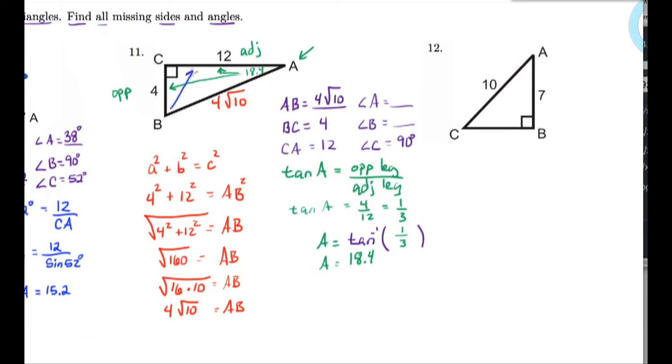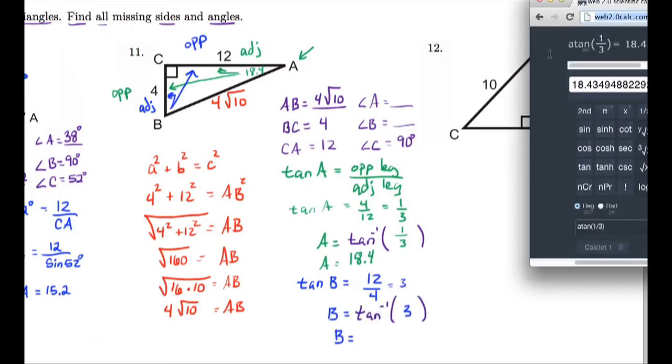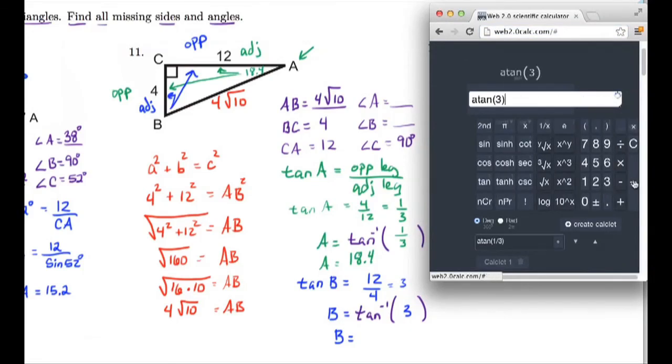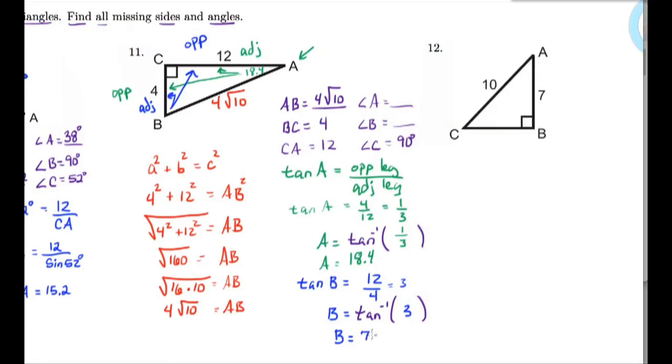Those are reciprocals for tangent using the different acute angles of the triangle. There it is. Notice that these angles are complementary. 18.4 degrees and 71.6 degrees add up to be 90.